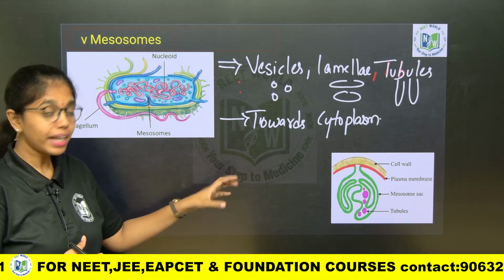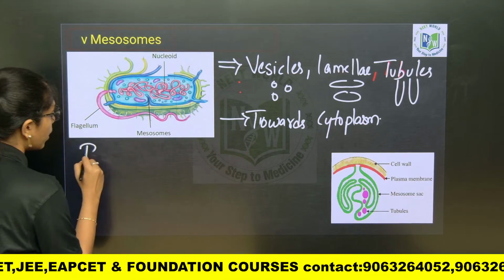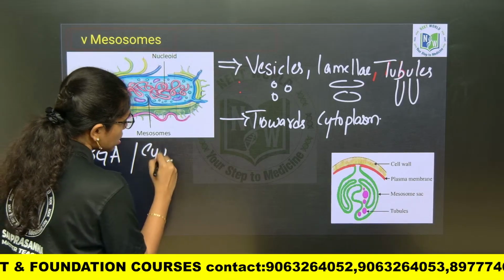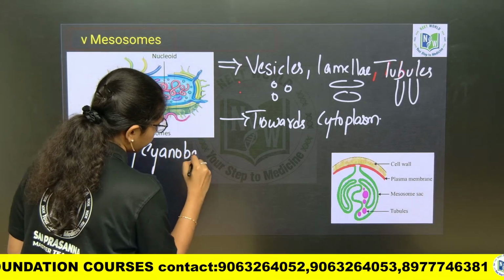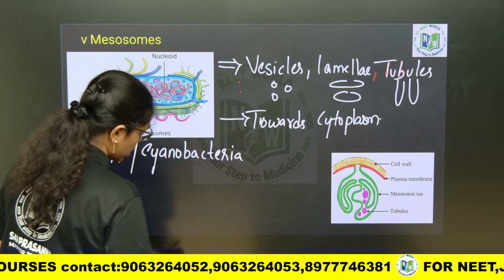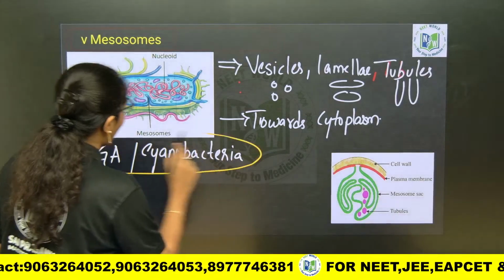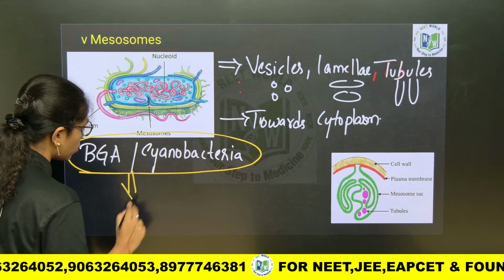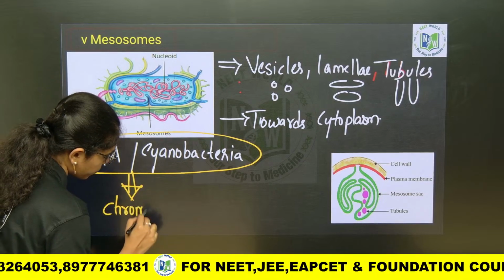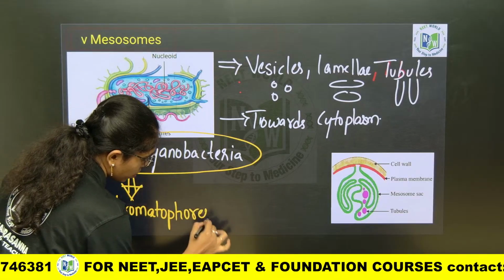Mesosomes. Fine. The same invaginations in BGA, blue green algae, or cyanobacteria, are called chromatophores.